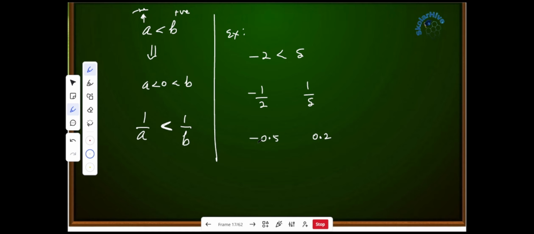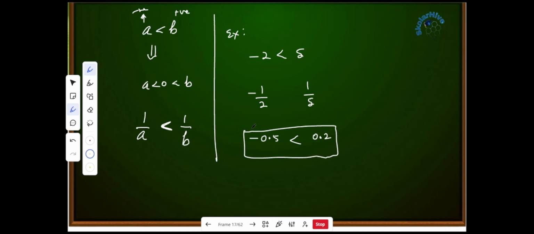See here, this number is negative, so obviously this will be smaller than the positive number. So by taking the reciprocal of an inequality in which one number is negative and one is positive, there won't be any change in the inequality sign. So this is one of the very important results in inequality.